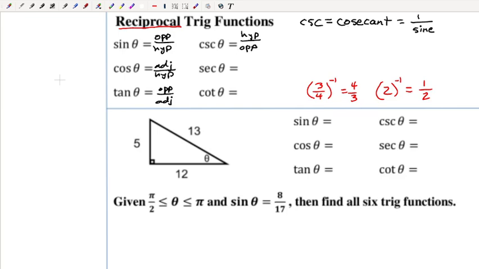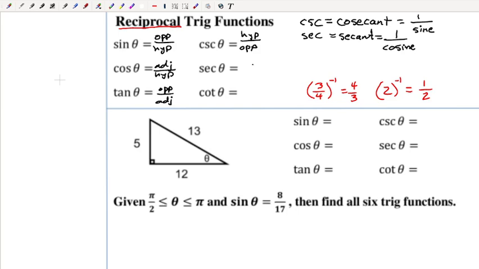Okay, so reciprocal: flip over the fraction, flip over the whole thing, or flip over just the ratio itself, either way that you want to think about that. Secant, SEC, stands for secant, and it is flip over your cosine.